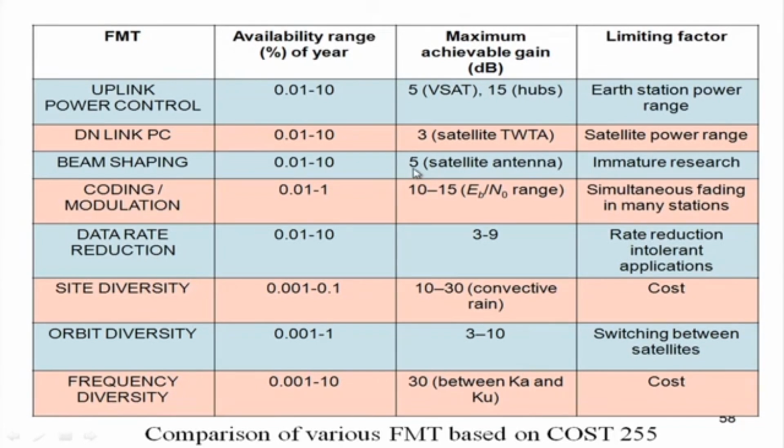In that process you save on intermodulation products and adjacent channel interference, but your problem is that the satellite antenna becomes very complex. Normally these are designed with a complex array antenna with additional phase and amplitude adjustment. So these are at the research level.